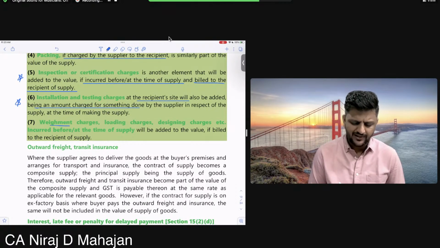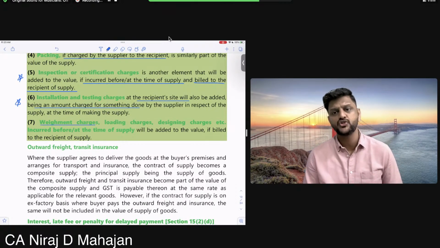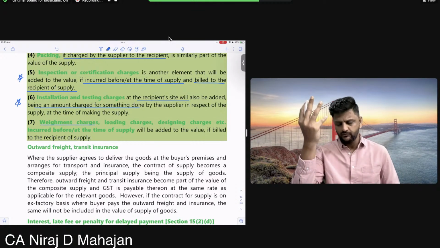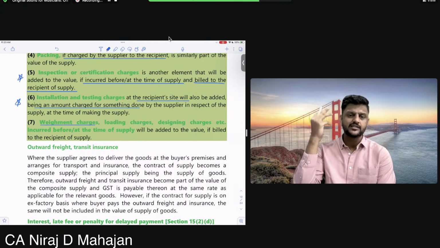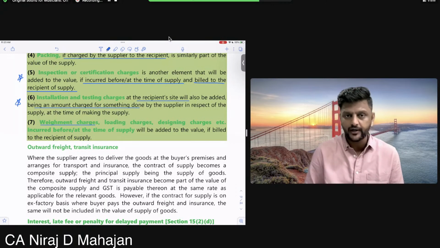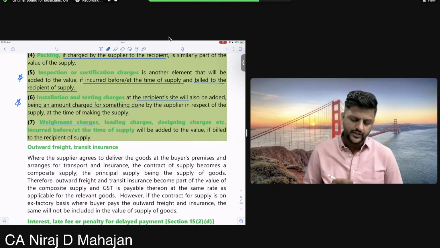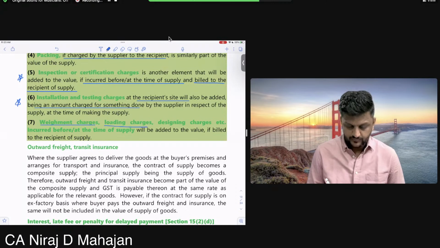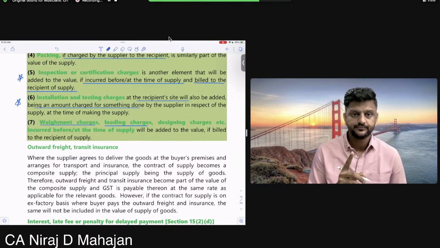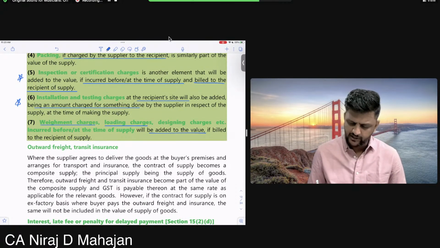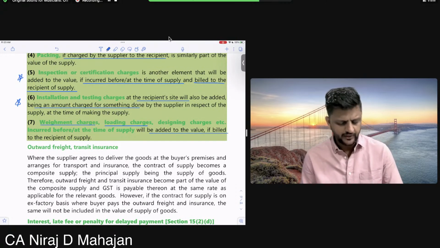Weighment charges: the vehicle is weighed on that weigh bridge to check the weight of the consignment, the loaded truck. Loading charges, if charged by supplier, designing charges, etc., incurred before or at the time of supply will also be added in the value of supply if billed to the recipient. Done till here?